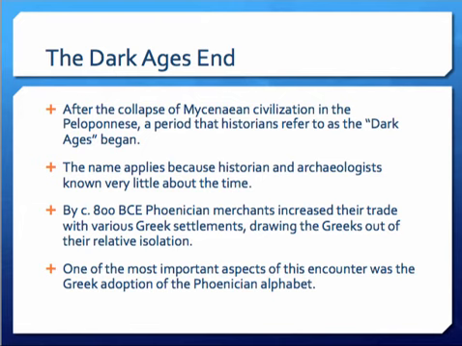Peloponnese. By about 800 BCE, however, Phoenician merchants begin showing up, and they're starting to increase their trade with Greeks, and they pull the Greeks back out of their relative isolation and into the larger trade networks that are being established in the Eastern Mediterranean.